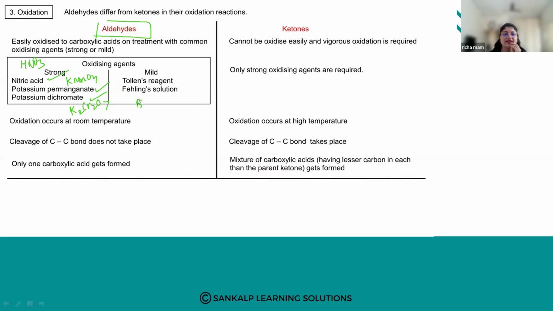Then Benedict's reagent is also a mild oxidizing agent. Whenever we do oxidation on aldehydes and ketones, aldehydes can easily undergo oxidation to give carboxylic acids. So it can be differentiated by the two types of oxidizing agents, strong and weak.